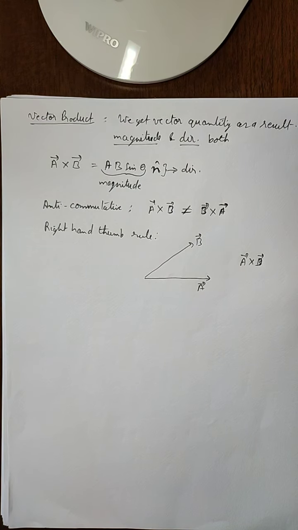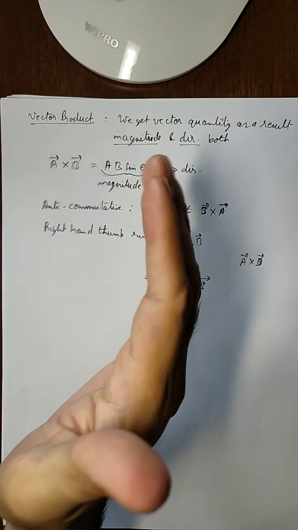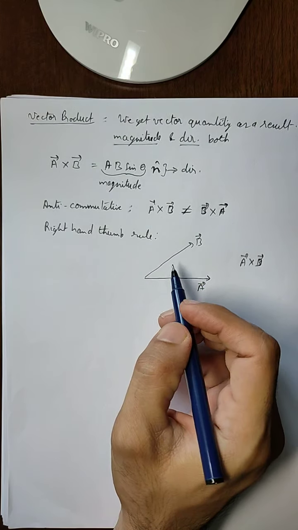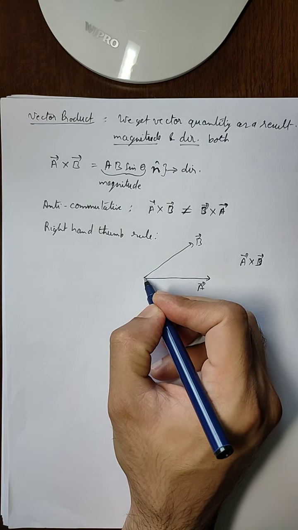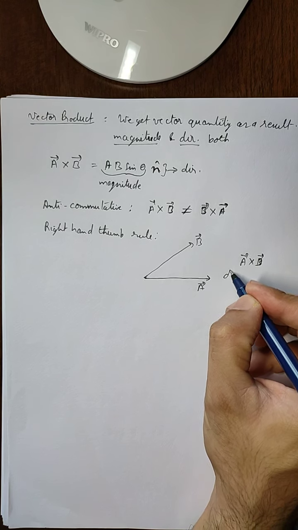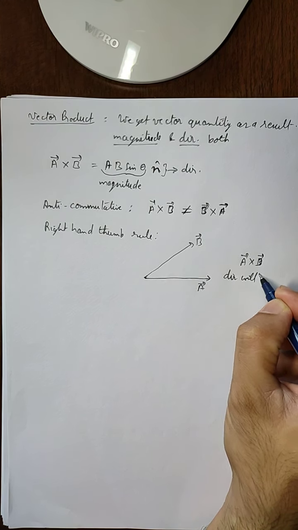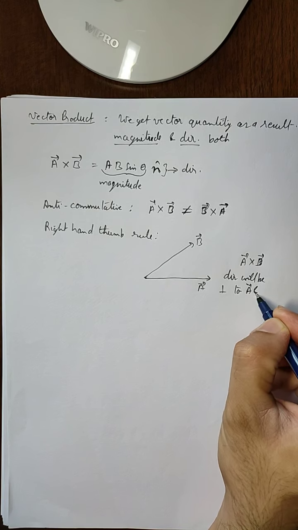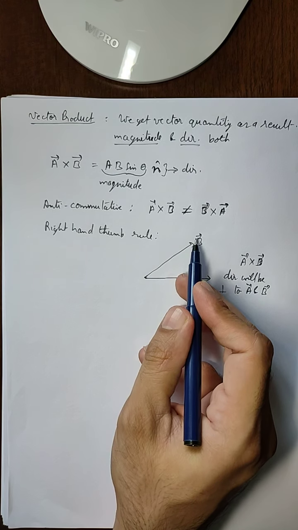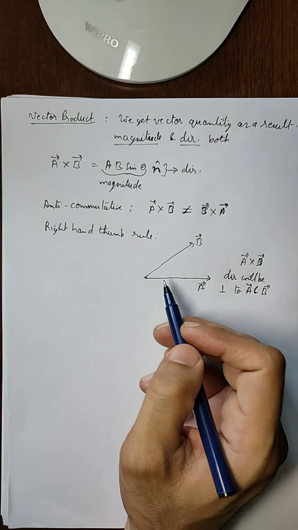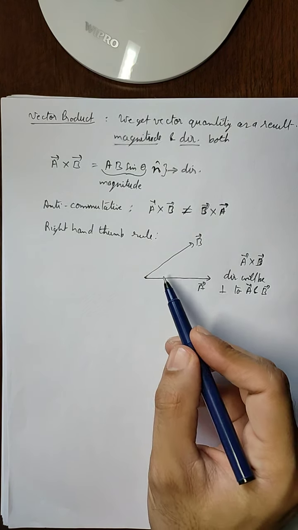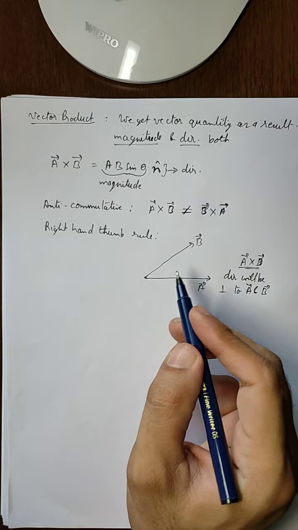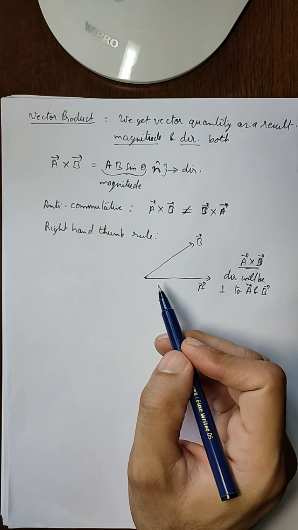While we are curling our fingers, the direction in which our thumb points will be the perpendicular direction. If we curl our fingers from A to B, our thumb will be in the upward direction. So the direction will be perpendicular to both A and B. A is in this direction, B is in this direction, and the thumb will be perpendicularly upward. So the direction of the result of the cross multiplication will be perpendicular and upward.